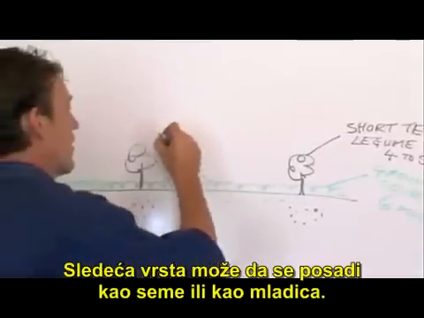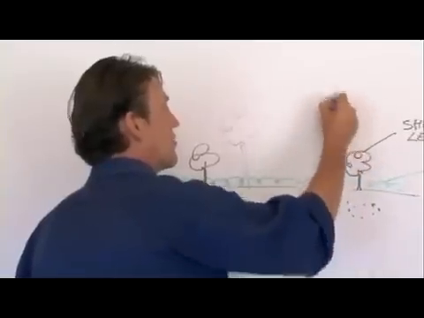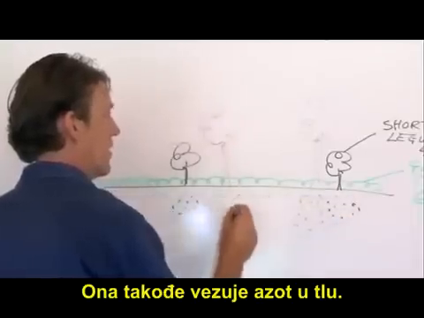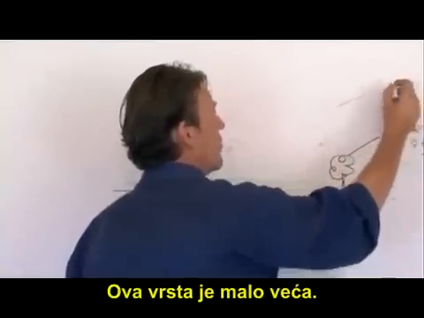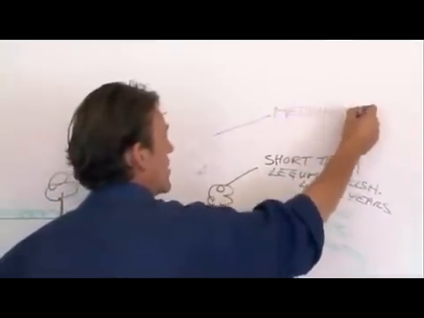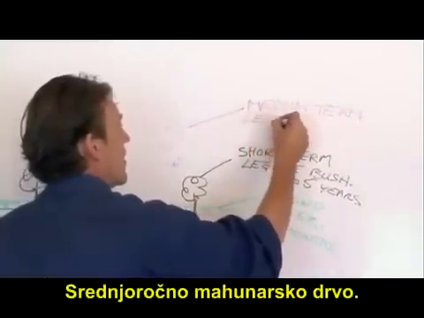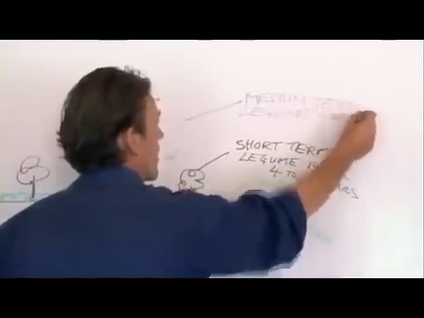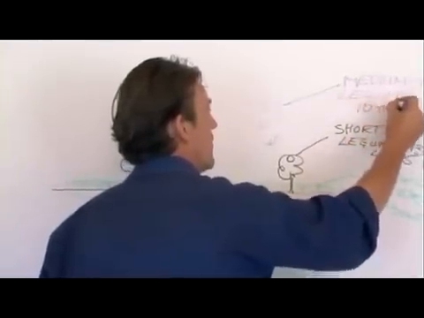Our next one can be planted by seed or as a small potted tree from a nursery, and it will also be fixing nitrogen. And we'll call this a medium term, and it's a little bit bigger in size, a medium term legume tree. But this one's going to live for 10 to 15 years.